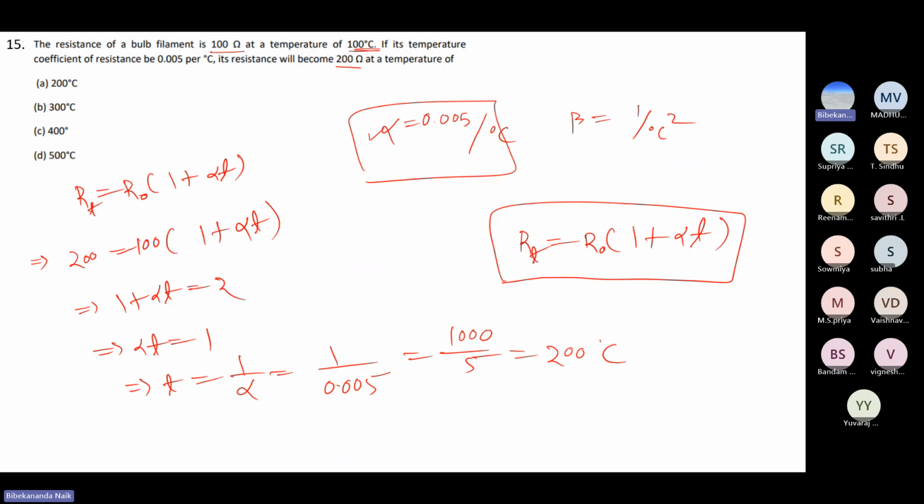So the actual value of the temperature will be 200 plus 100. So the final temperature at which the resistance is 200 ohm will be 200 plus 100 equal to 300 degrees Celsius. So the correct option is option B.